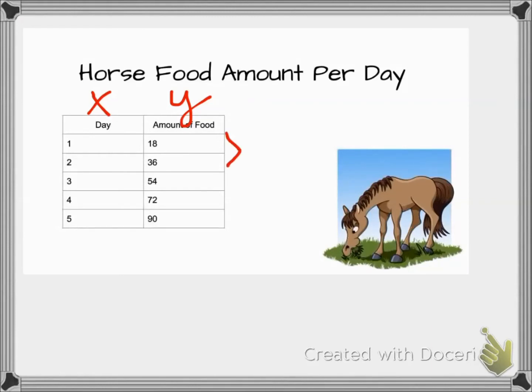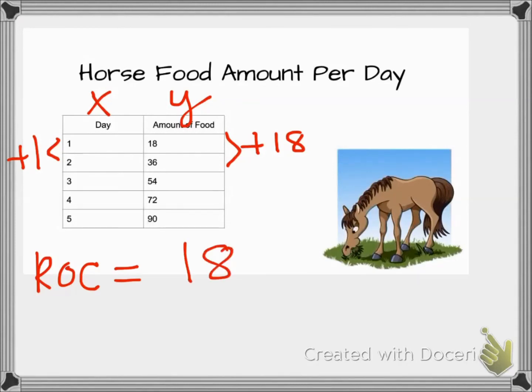The amount of food is increasing by 18 each time, and our day is increasing by 1. So to find the rate of change, I would say 18 divided by 1, which is just 18.